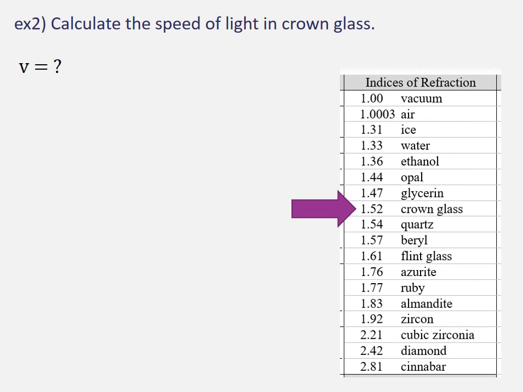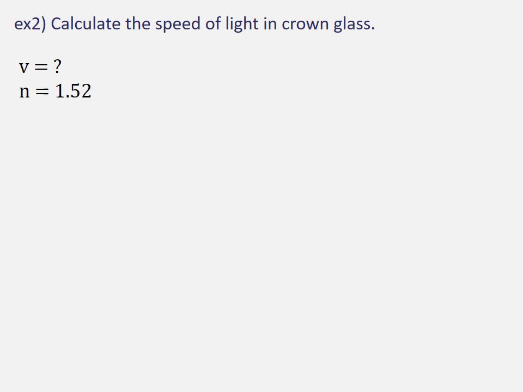And that is 1.52. So N equals 1.52. And as previously mentioned, all these questions involve the speed of light in a vacuum. So I will add to my variable list C equals 3.00 times 10 to the 8th.